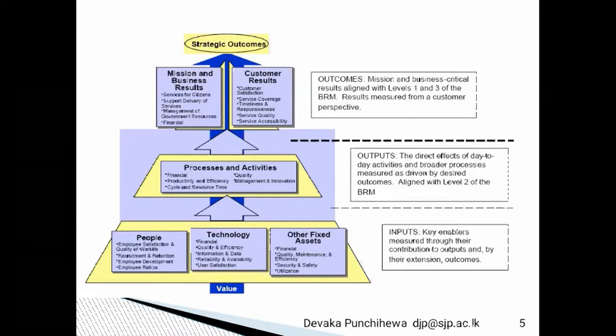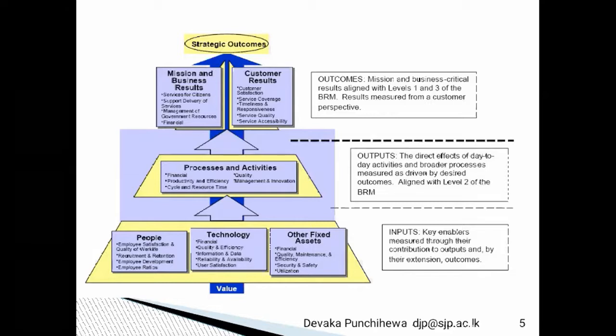How much support delivery you provided for your customers, management of government resources, and financial. Then when it comes to the customer results: customer satisfaction, service coverage, timeliness and responsiveness, service quality, service accessibility. All these come under strategic outcomes, right?